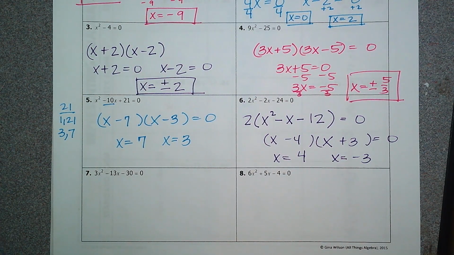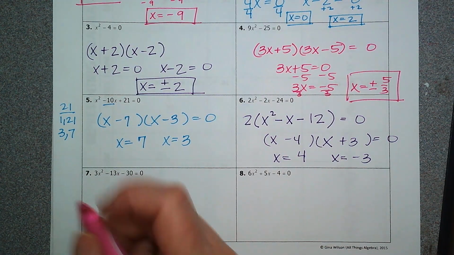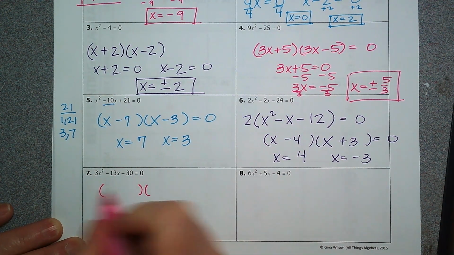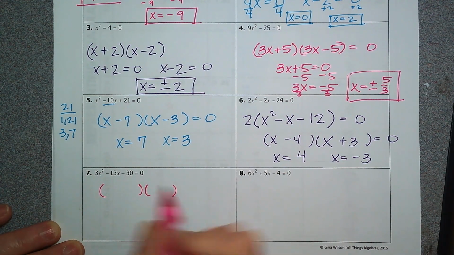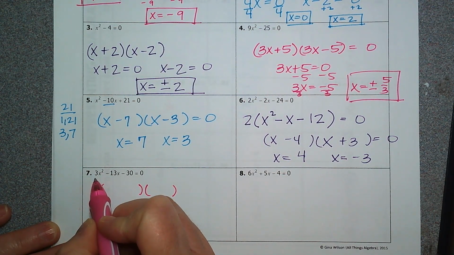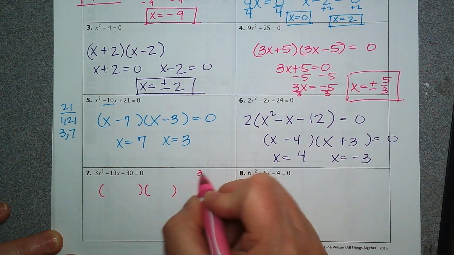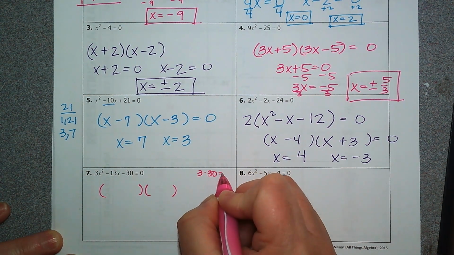Number 7, 3x squared minus 13x minus 30. Do I have a GCF? No GCF, but I still have a number in front of x squared. So what do I have to do? Bottoms up. Multiply a times c.